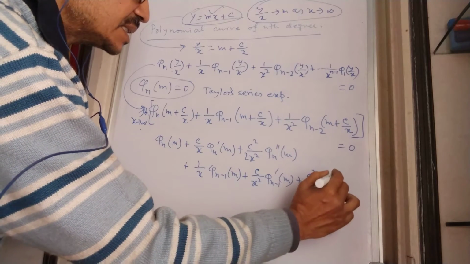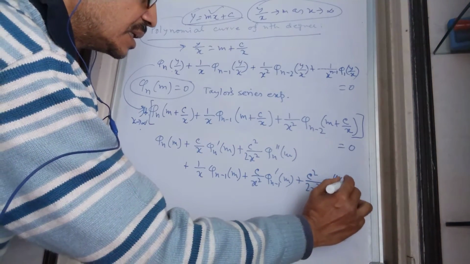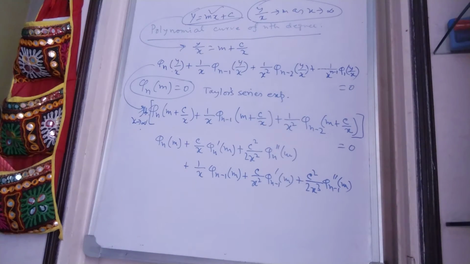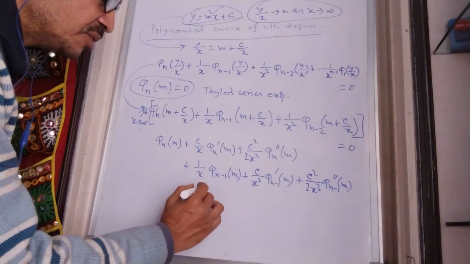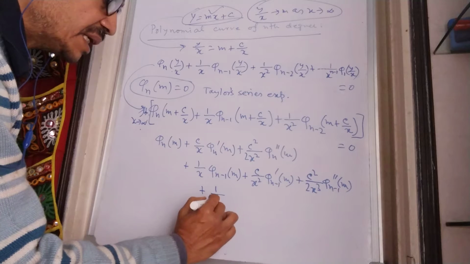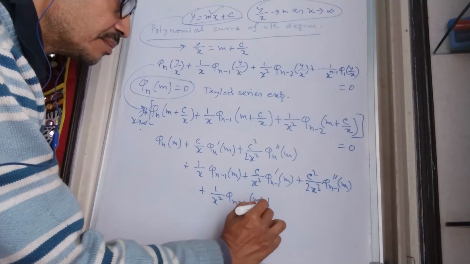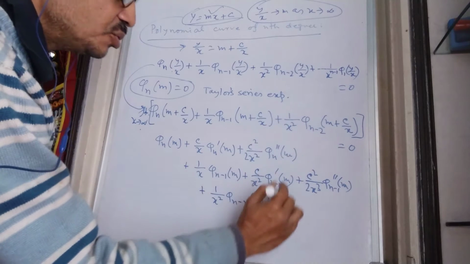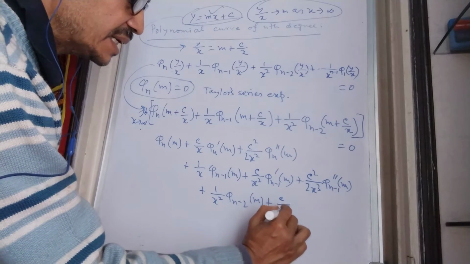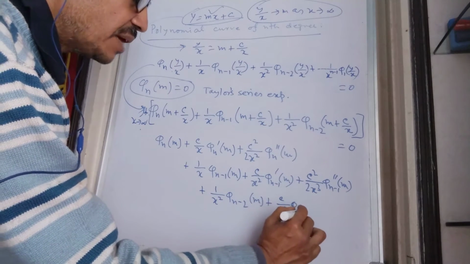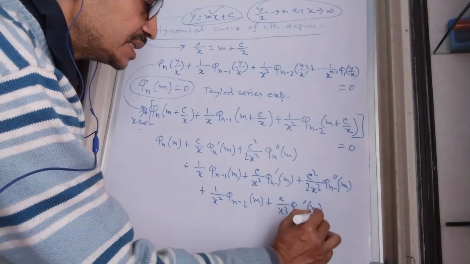Phi n minus 1 double prime (m), and similarly from here we have 1 by x square phi n minus 2 (m) plus 1 by x square into C by x makes it C by x cube phi n minus 2 prime (m), isn't it so?